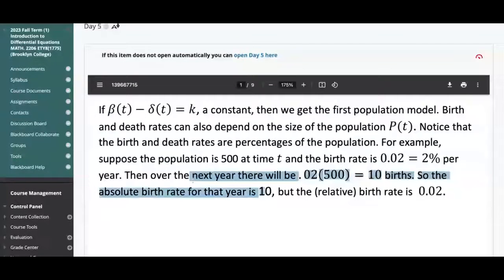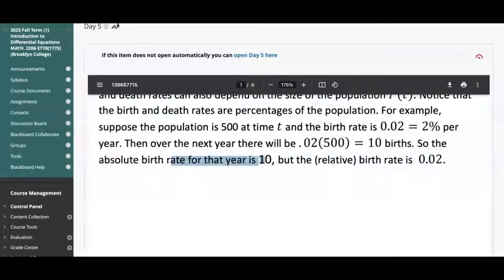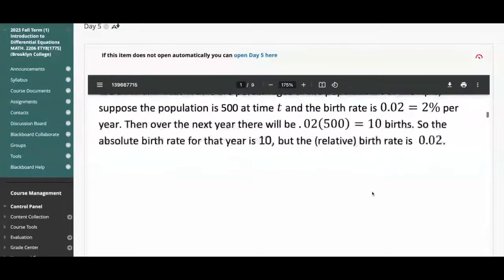Then over the next year, there will be 0.02 times 500 equals 10 births. So this depends on the population. The absolute birth rate for that year is 10. But the relative birth rate is just 2%.